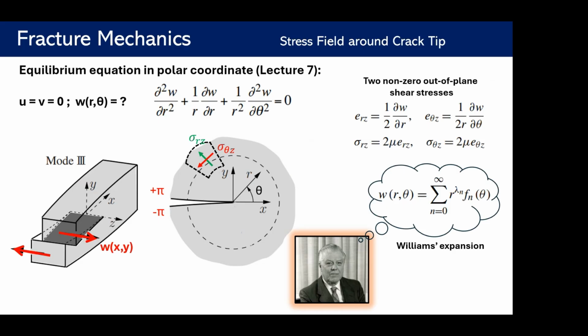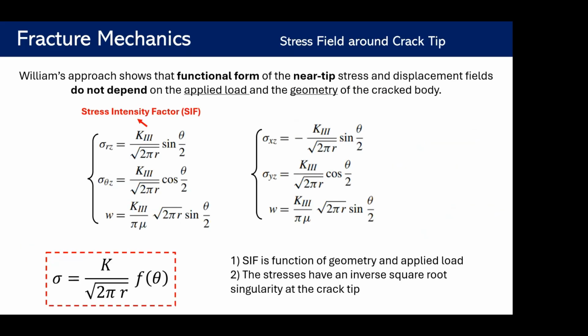When Williams applied this approach to the problem, we just assumed a general crack tip, without any loading, without any specific geometry. So his approach can finally lead to such a formula with K as an unknown, because this analysis just gives the general form of the stress.